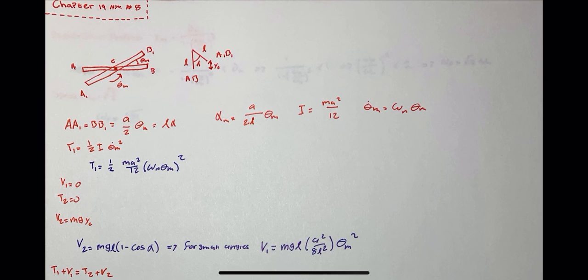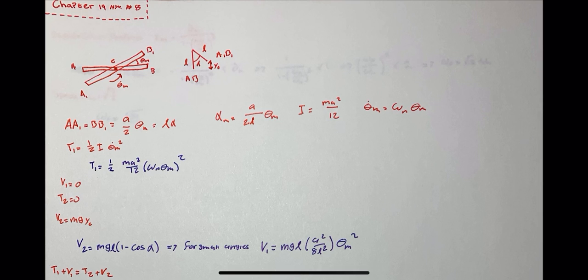Here we find that A times A2 is equal to B times B2 is equal to A over 2 times theta m is equal to L times alpha. And we know that alpha is equal to A over 2L times theta m. And we also know the inertia is ma squared over 12.